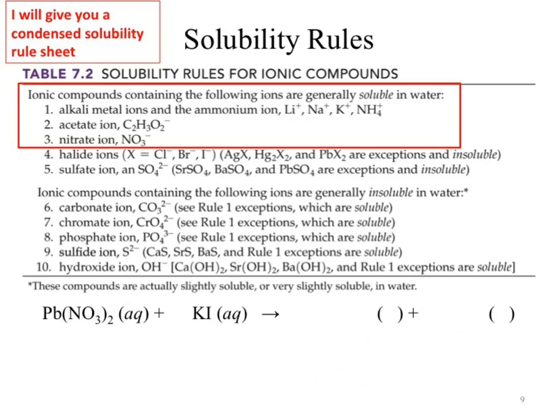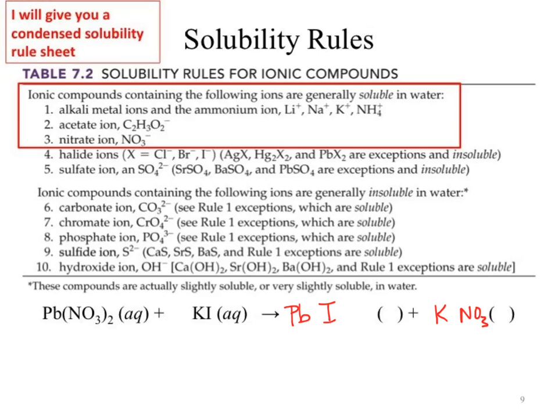So, double replacement, what happens? Lead swaps with potassium. So we end up with lead being bound to iodine. Our other possible one would be potassium bound with nitrate.